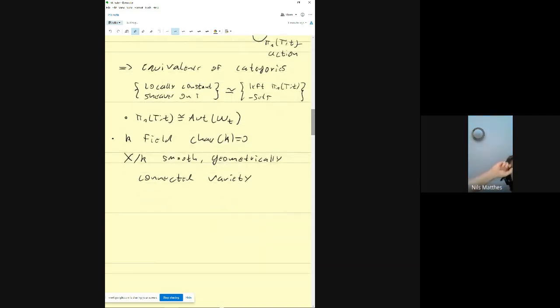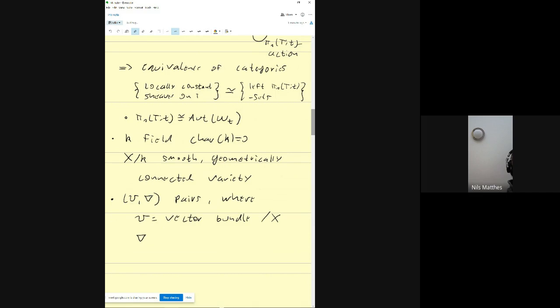And then the analog of a locally constant sheaf is the notion of a vector bundle with connection. So we're going to look at pairs (V, nabla), where V is a vector bundle on X, and nabla is an integrable connection.